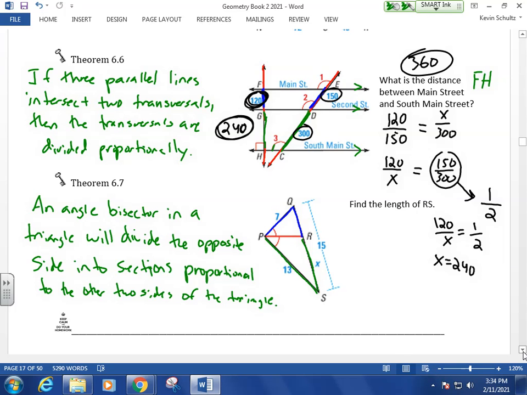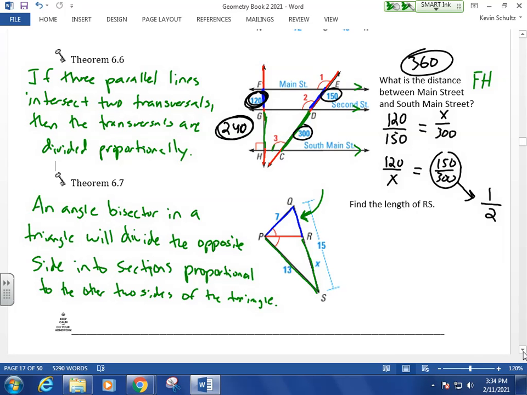So if our job is to find the length of RS, knowing that that whole side is 15, we need to be careful how we set this up, right? Because what's the value of QR, that section, if RS is X and the whole thing is 15?